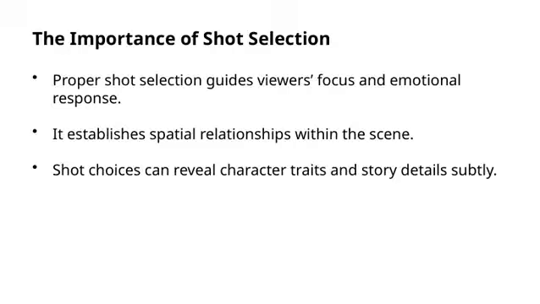And beyond that, the choices you make in shots can subtly reveal character traits and story details. For example, a close-up might hint at a character's inner emotions, while a wide shot can provide context about their environment. All these elements tie back to the overall theme of crafting a compelling visual narrative, using shots intentionally to enhance storytelling and connect with the audience on a deeper level.